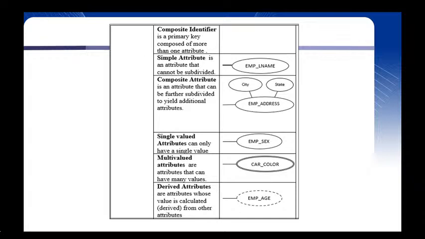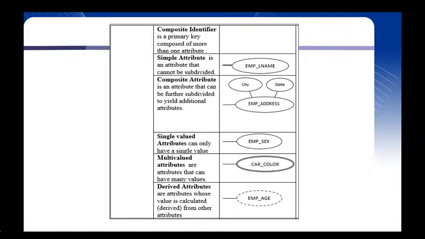Now let's move forward to composite attribute. It is an attribute that can be further subdivided to yield additional attributes. So for example, we have emp address. The emp address is called composite attribute because it can be subdivided into additional attributes such as city, state, others have zip code, others have barangay.